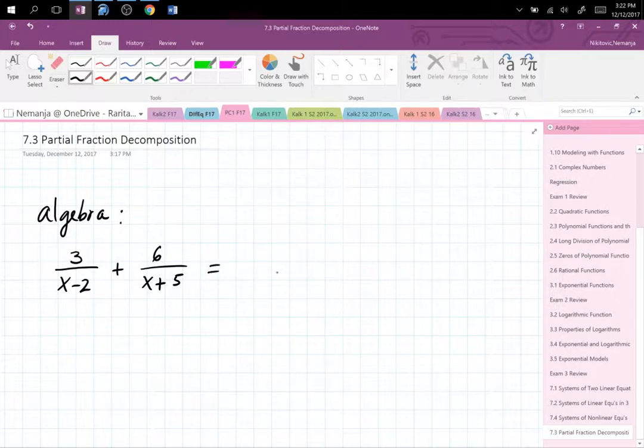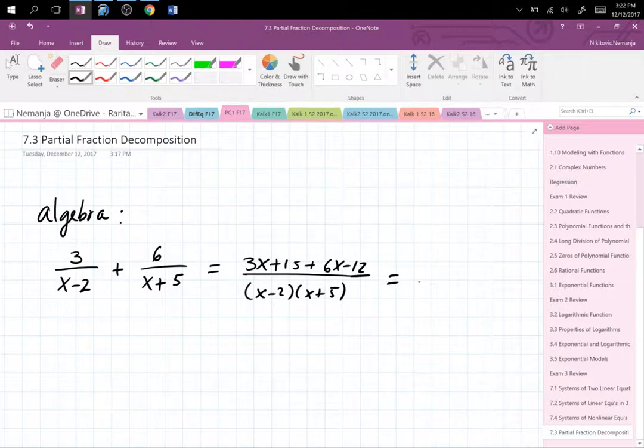Well, the common denominator is (x minus 2)(x plus 5). Then you will have 3x plus 15 plus 6x minus 12 if you do the cross multiply. And you have the answer with (x minus 2)(x plus 5) in the denominator. In the numerator, 9x plus 3. So this is what we have in algebra.